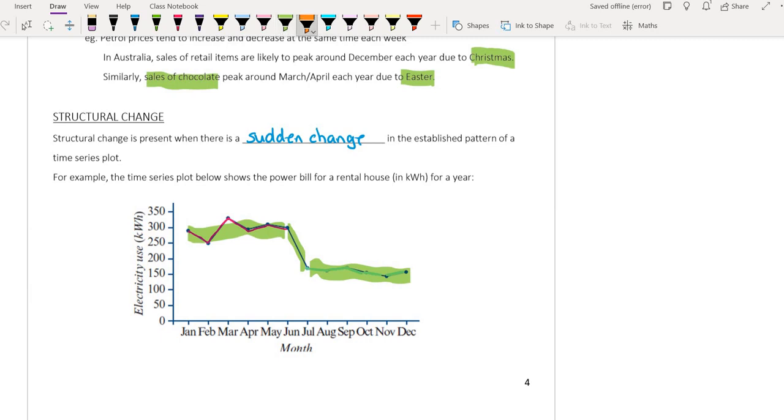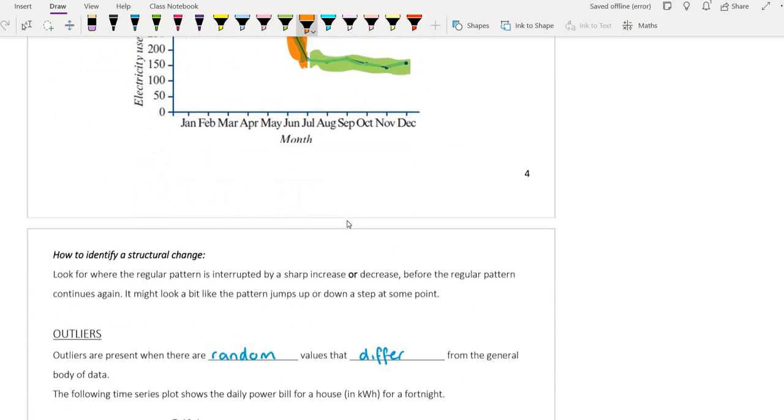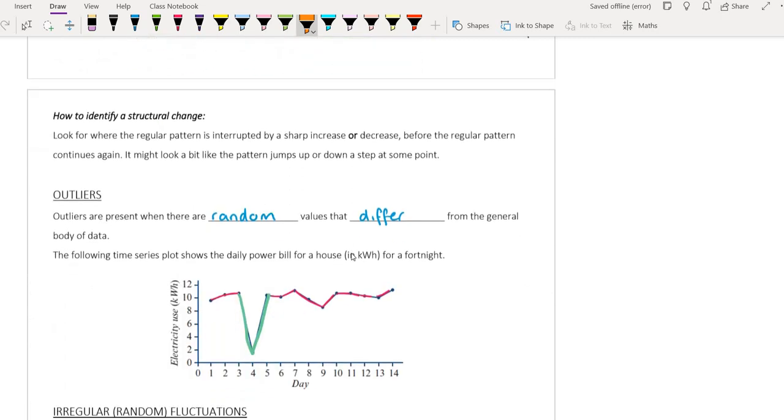So this bit in the middle, we identify as the structural change, where the trend of the data is actually very similar, but there has just been a massive change. It could be a massive drop, could be a massive increase. So that's a structural change.